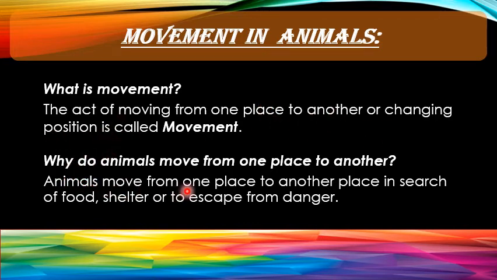Animals have to move in search of food, in search of shelter, and when they feel themselves in danger, they escape by movement. We have classified the animals into different types according to their movement.